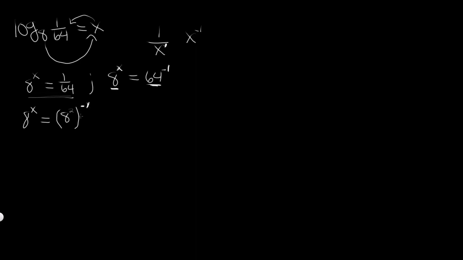We're going to multiply -1 by 2, and it'll just be 8 to the -2nd power. So this is going to be equal to 8 to the x is equal to 8 to the -2. And all we have to do now is compare the exponents. We just bring them down. So x is equal to -2. That is the answer to this problem.